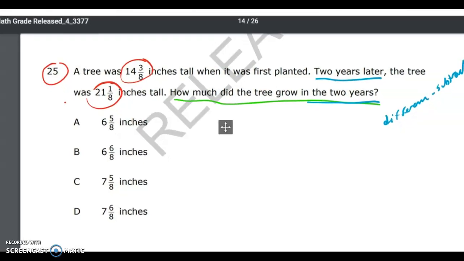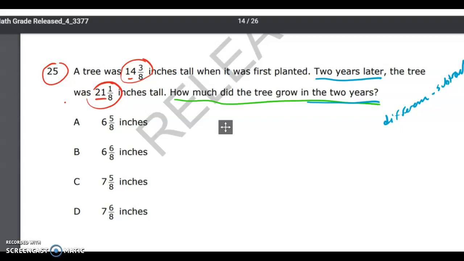Okay? Now, you've got 4 answer choices here. We've got 6 5/8, 6 6/8, 7 5/8, 7 6/8 inches. And so finding the difference between them, remember you have to take the larger number and then you subtract the smaller number from that. And when you look at these, we see that you got a 21, then you got a 14. We know they have fractions beside them, but the 21 makes this one bigger than that.